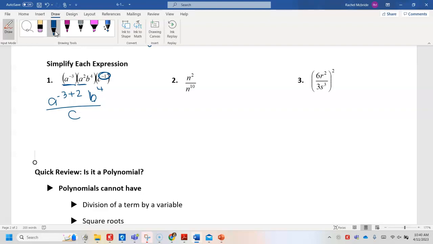So I would drop down my c, and you don't have to write in that c to the 1. Anytime you don't have an exponent, it's implied it's 1. Negative 3 plus 2 is going to equal negative 1. So I end up with a to the negative 1, b to the 4th over c. Once again, I can't have that negative exponent, so it's going to drop down. So I have b to the 4th over ac.